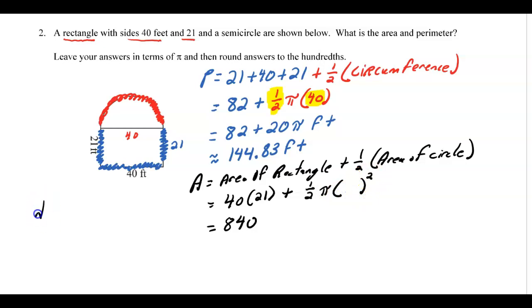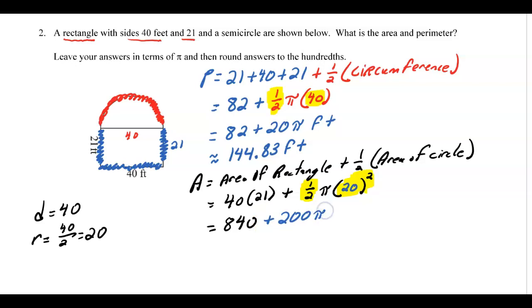And off to the side, we know the diameter is equal to 40. So the radius is 40 over 2, which is 20. So I'll substitute 20 in for the radius. And if I just type in 1/2 times 20 squared, I will get 200. And I need to add the pi.